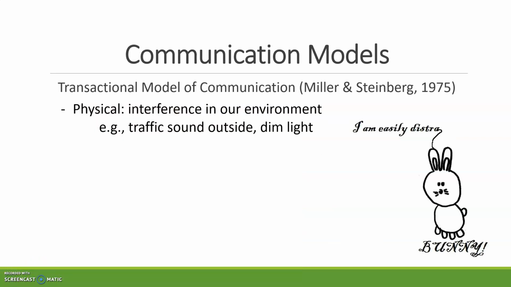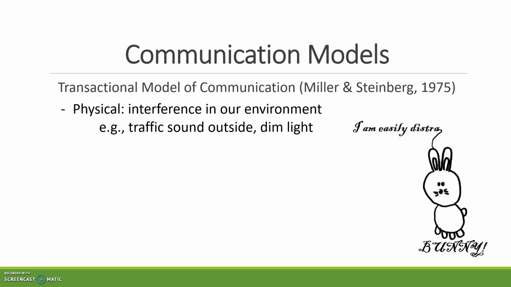The first type of noise we call physical noise. That refers to any interference in our environment which may interfere with the correct receiving and interpretation of the message. For example, the traffic outside our classroom is too loud and I can barely hear what the teacher is talking about.